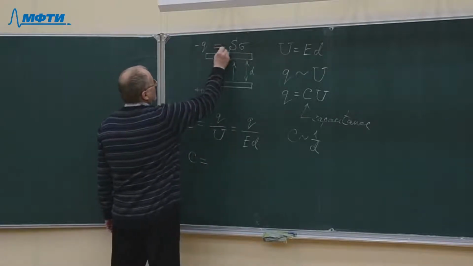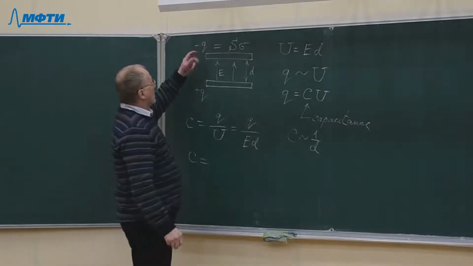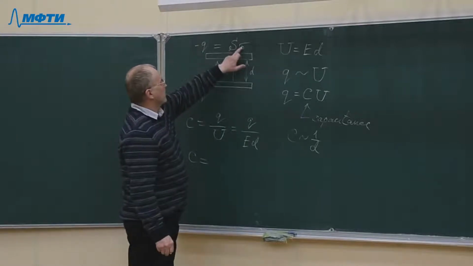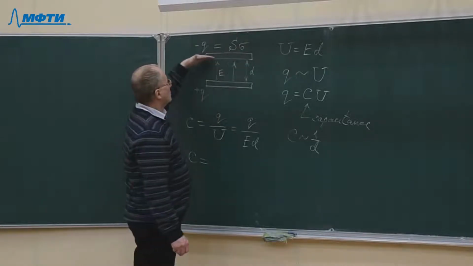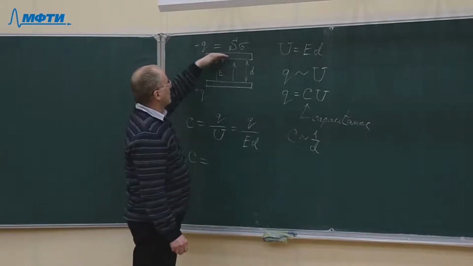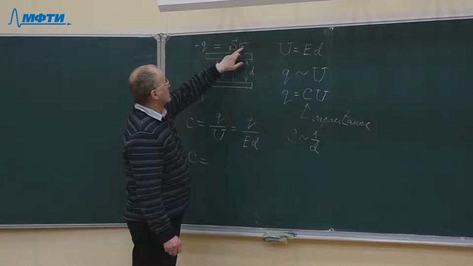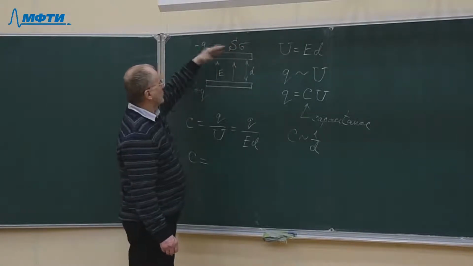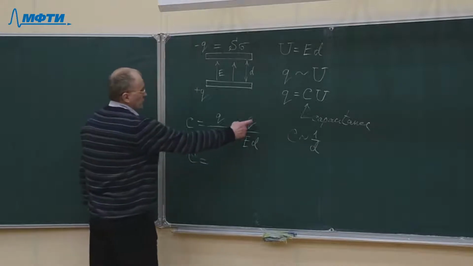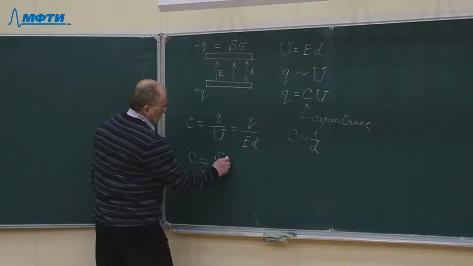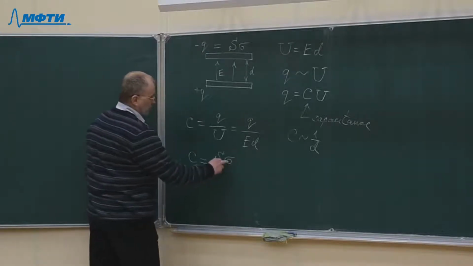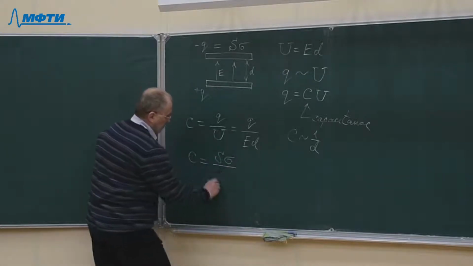So the charge can be expressed as the surface charge density, that is the charge per unit area of the surface. And if we multiply this quantity by the surface area, then we obtain the whole charge on the plate. So the capacitance can be put as the surface area times the surface charge density, divided by the field strength times d.